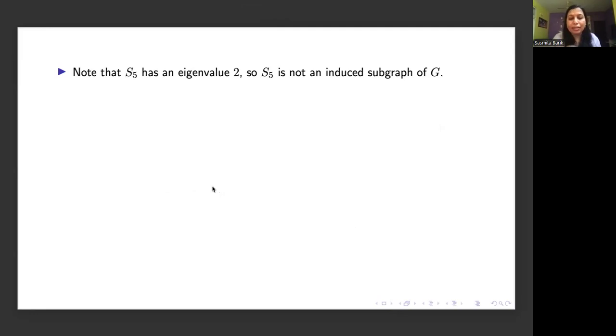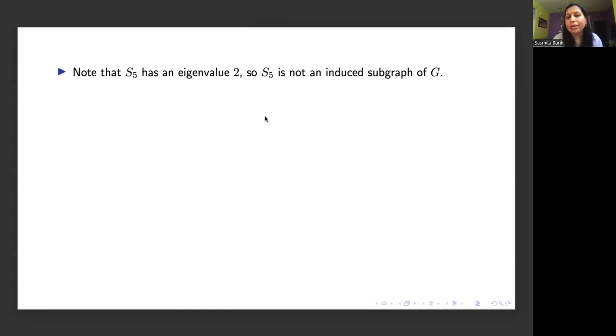Then let's say G has a vertex of degree 4. Up to here we reached it arbitrarily. If it has a vertex of degree 4, then basically it contains a star of order 5 as an induced subgraph. But a star of order 5 is a bipartite graph and you can calculate easily that its spectral radius is 2.